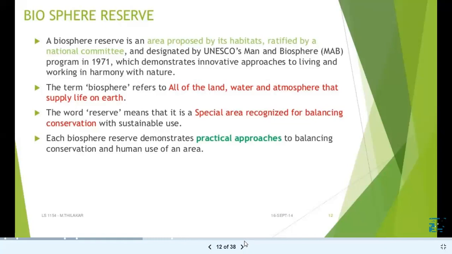The term biosphere refers to all of the land, water, and atmosphere that supply life on Earth. The word reserve means that it is a special area recognized for balancing conservation with sustainable use. Each biosphere reserve demonstrates practical approaches to balancing conservation and human use of that particular area.